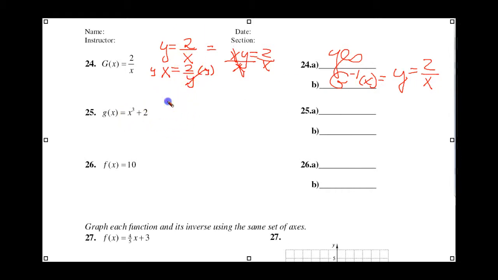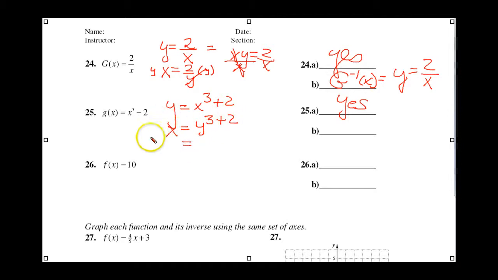Okay, here it's going to be y, and this is a funny shaped one, and it's yes, it passes. It's a one-to-one relationship. Y equals x to the third plus 2. We now switch it around. This is going to be x. This is y to the third plus 2.